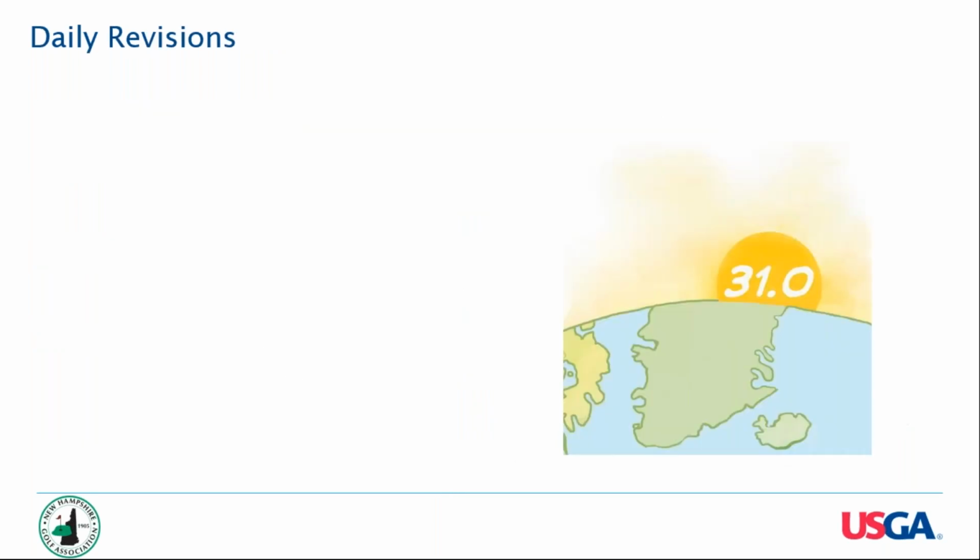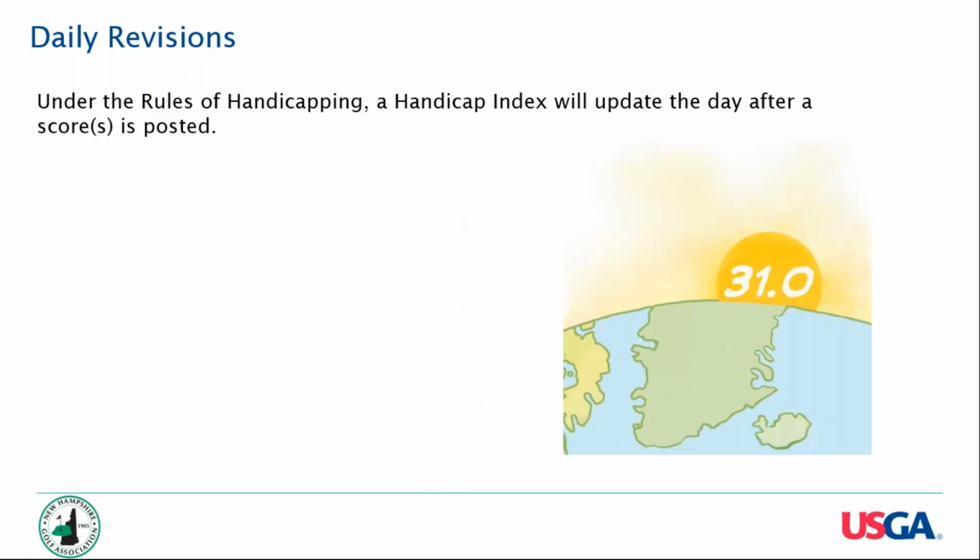All right. And then lastly, in this section, we'll just get into the daily revision. Under the rules of handicapping, a handicap index will update the day after a score is posted. So post scores as soon as possible once play is completed and before midnight, to ensure the score will be used for the playing conditions calculation.